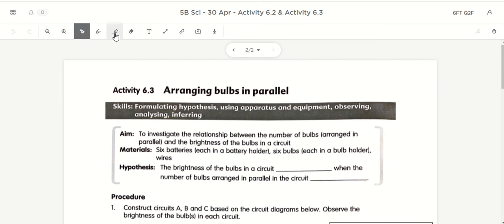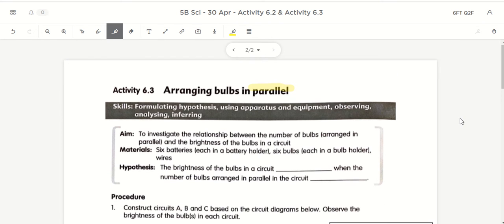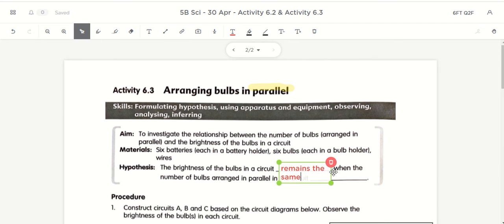Now we are arranging the bulbs in parallel. So when we arrange the bulbs in parallel, you realize that the amount of electric current flowing through them is the same. The brightness remains the same. Okay, so this is what we have learned in theory. The brightness of the bulbs in a circuit stays the same. This is what we learn in theory.